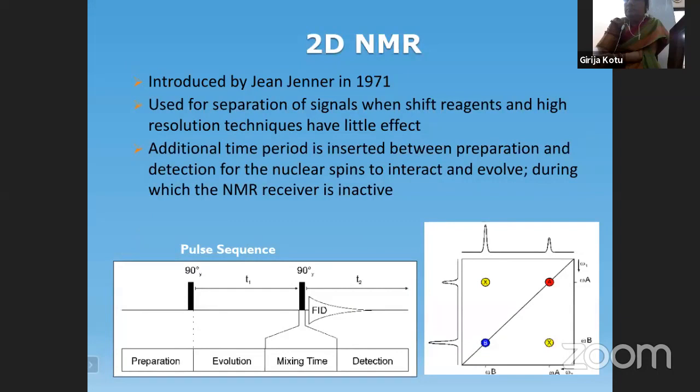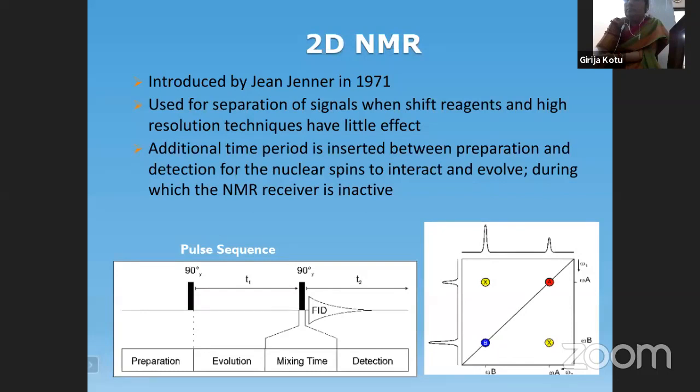2D NMR spectrum. So this is where the advent of 2D NMR has taken place, which was introduced by Jeener in 1971, which is used for the separation of signals when shift reagents and high resolution techniques have very little effect. And what exactly is a 2D NMR? It is, according to the periods, the number of periods.